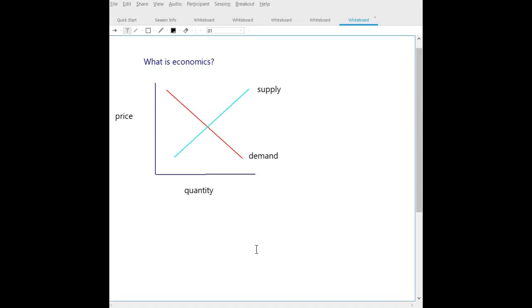If what came to your mind is, say, the economy, stocks, bonds, all that stuff, well, you're on the right track. Economics is related to human decisions in general. Economics is more than just the financial aspect.